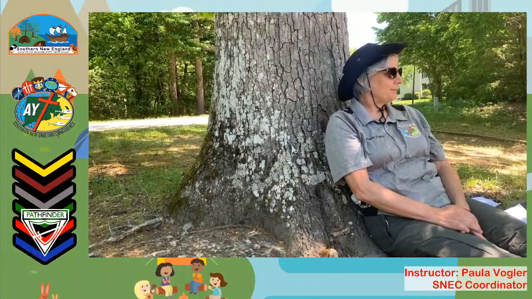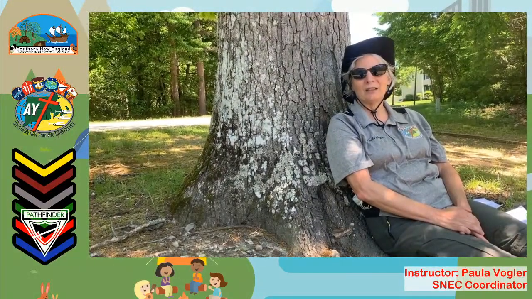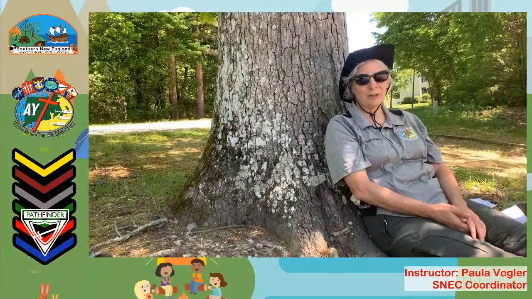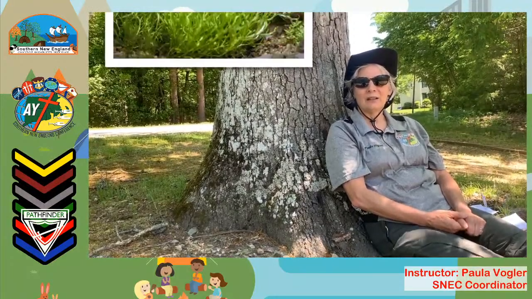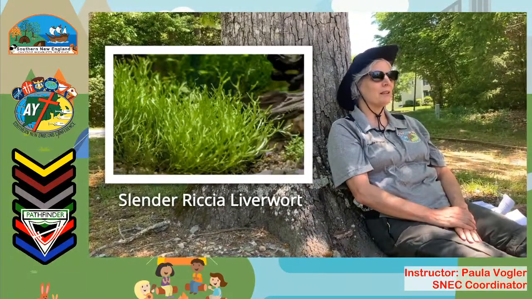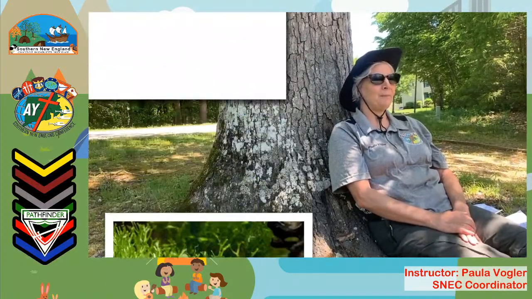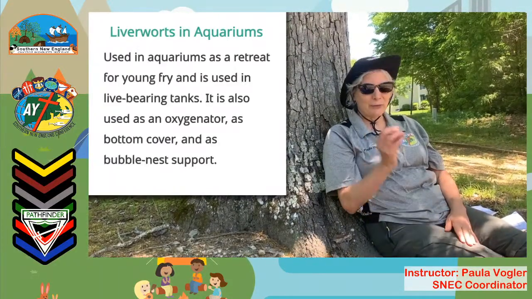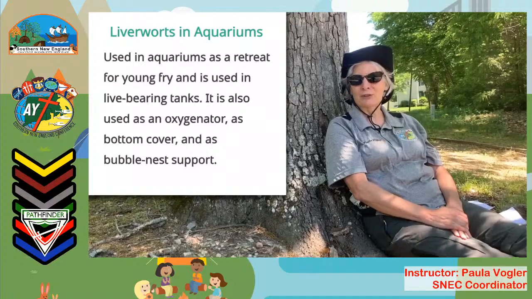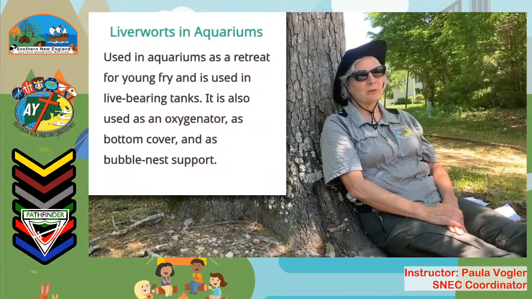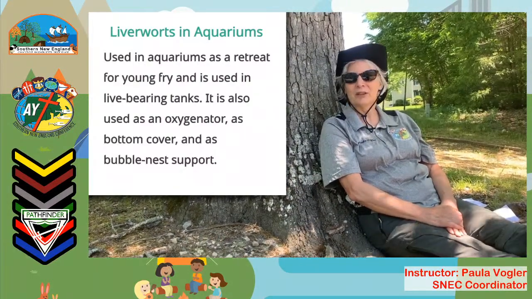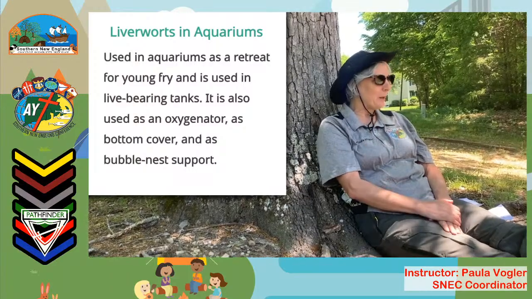And sometimes, if a person has an aquarium at home, you might see liverworts in the aquarium, because they're used for lots of different things. They put them in there for bubble netting. Some fish like to make little bubbles. If you've ever seen, I forget what they're called, the fighting fish, the betta fish, they like to make little bubbles.